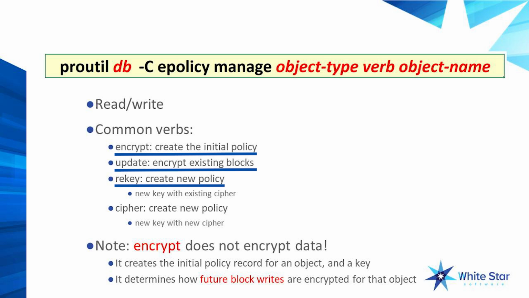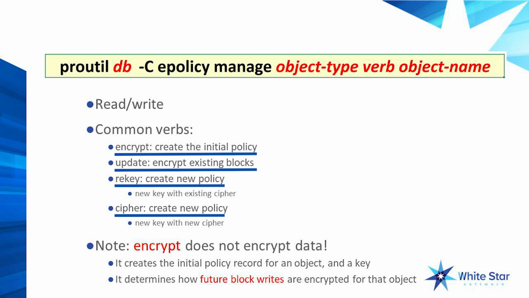You've got rekey, which will give you a new key with the same cipher as the existing policy. And then you've got the cipher verb, which will give you a new policy under a new cipher. So if you want to go from triple DES to AES 128, you would use that.